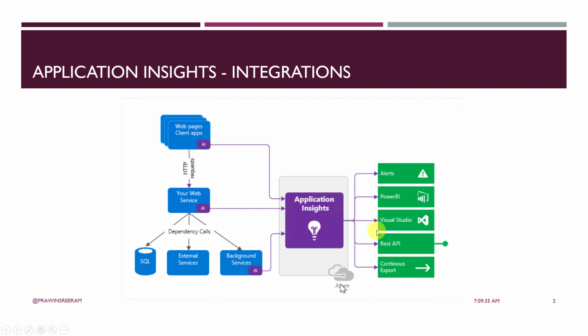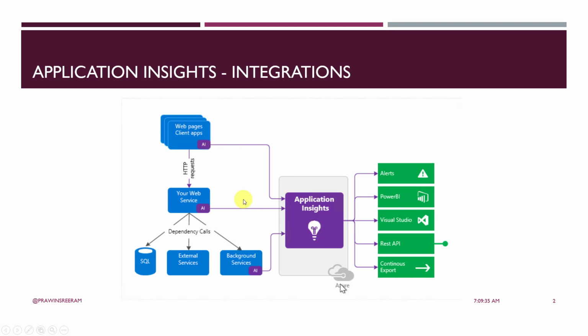Now, these links that you see here, most of them will be done by developers. You might ask what we should do in linking this. One important thing we should take care of is that we need to create Application Insights and Log Analytics workspace and link both of them. That is already done.